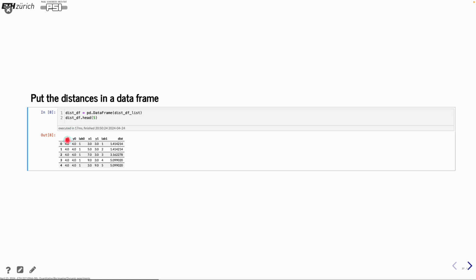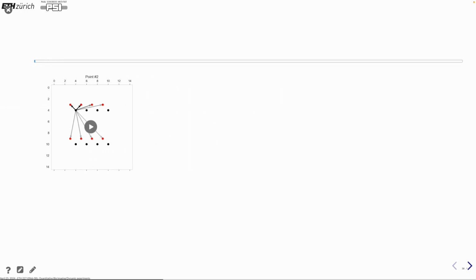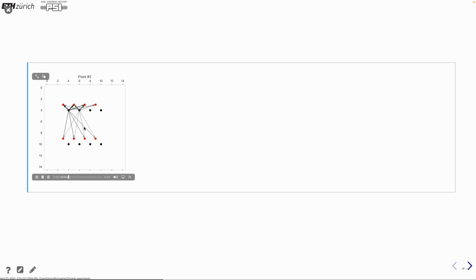So here you can see the distances. There's square root of 2 and some other numbers. So you can see these are pretty clear that they are the shortest. So looking at this, we can also see the computation. Here we are looking at the neighbors of the individual points, and you can see how they compute these distances.